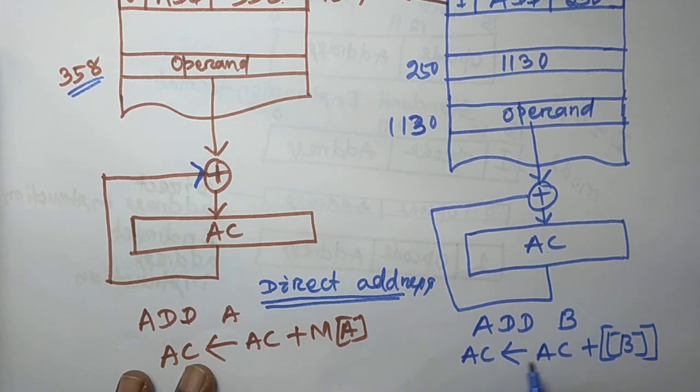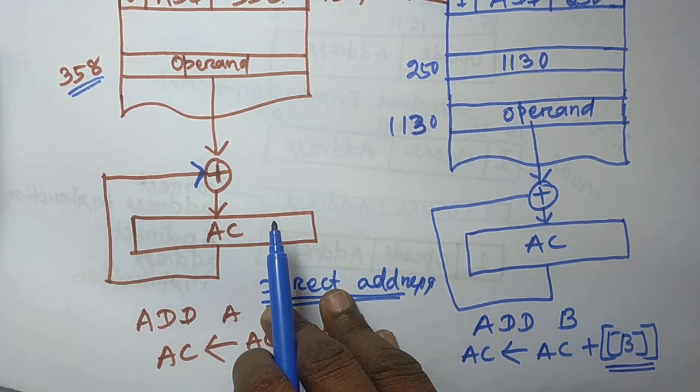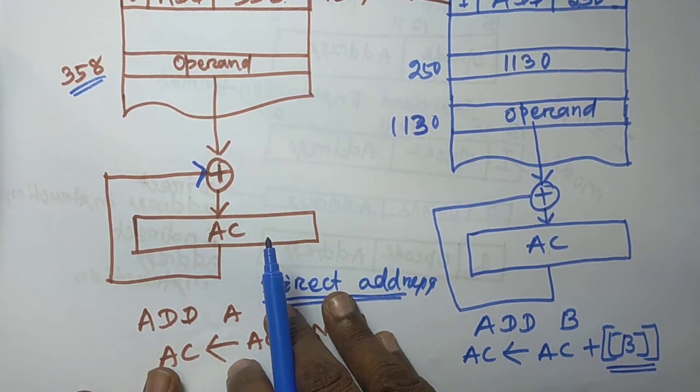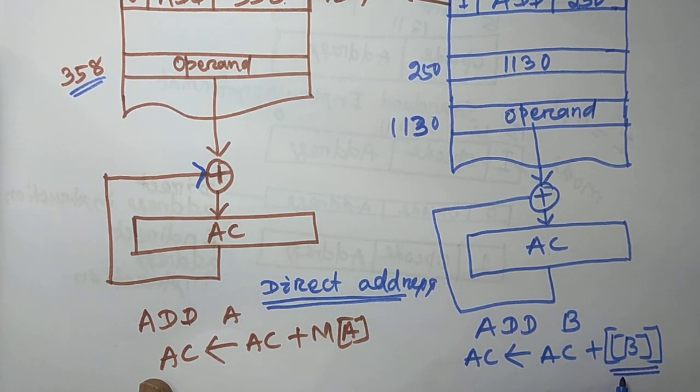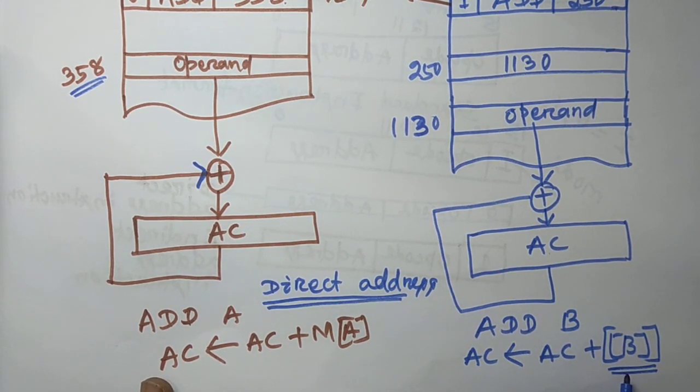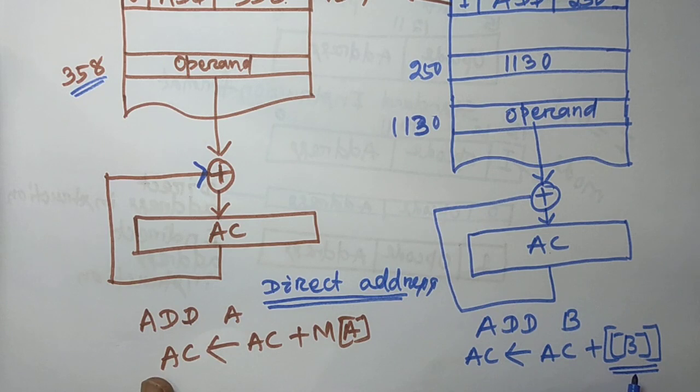I will tell you why the double bracket is mentioned. Double brackets mean it is the indirect address symbol. If you go through a single address, single square brackets are recorded. If double square brackets are mentioned, that means it is an indirect address.